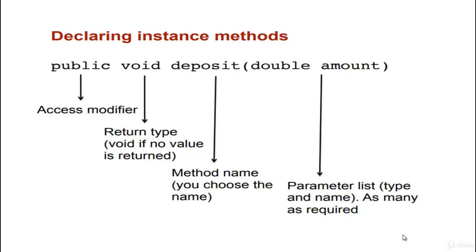Deposit is the method name that we choose. And amount is the parameter list, type and name. Type is double, the name is amount. We can have many as required.